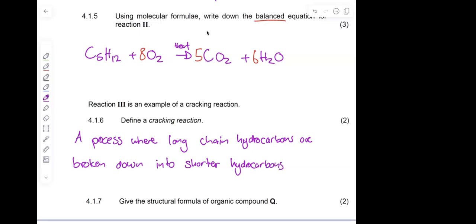Could be alkanes, could be alkenes in the process. You'll get your marks there. Okay.